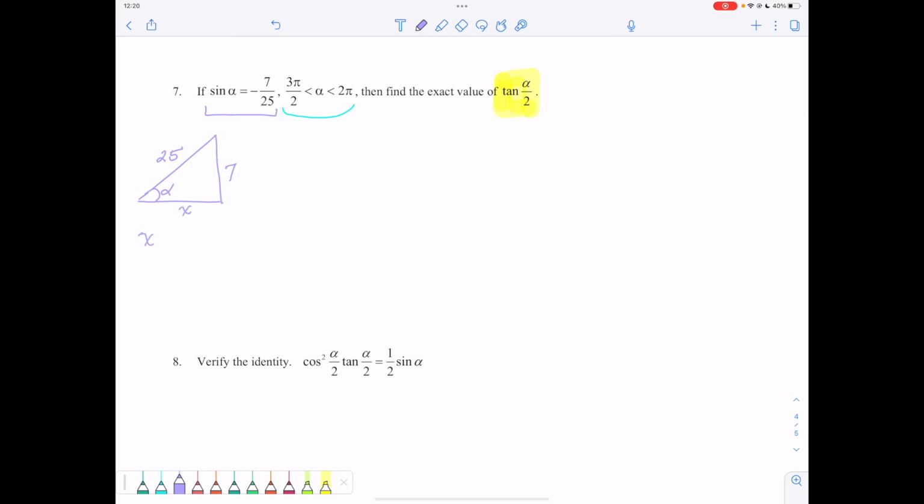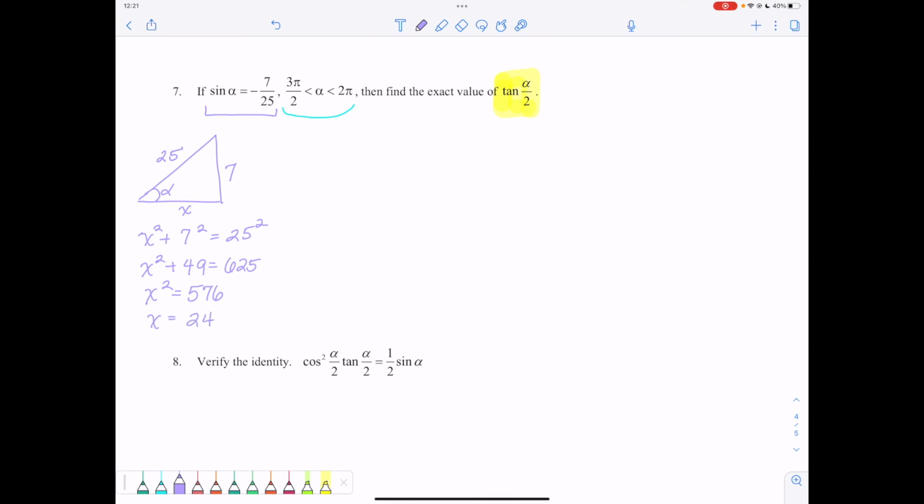We have x squared plus 7 squared equals 25 squared. So x squared plus 49 equals 625. x squared is equal to 576, and x is equal to 24.